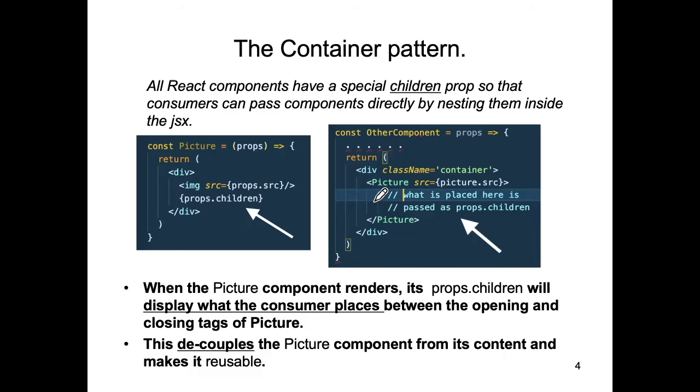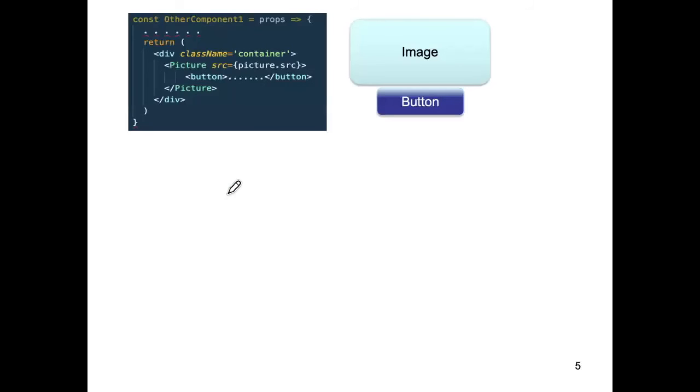So essentially, what we're achieving here now is decomposition. We're decomposing the internals of a picture, and the consumer can dictate what should be part of the internals of our picture component. And different consumers might have different requirements as to what they want to follow the image with, if you like. Here's some kind of abstract examples.